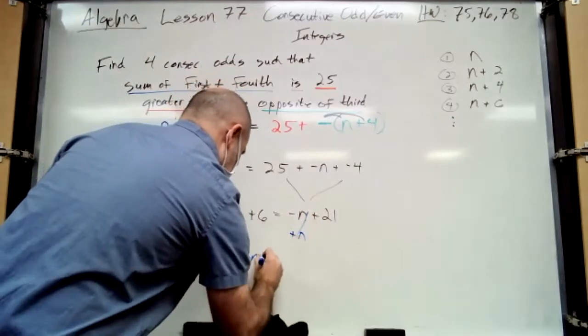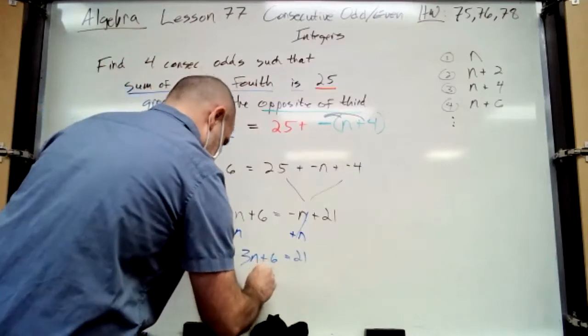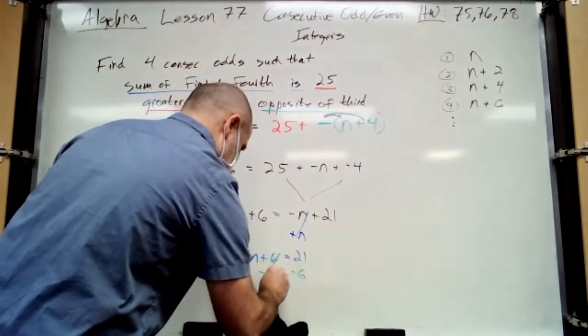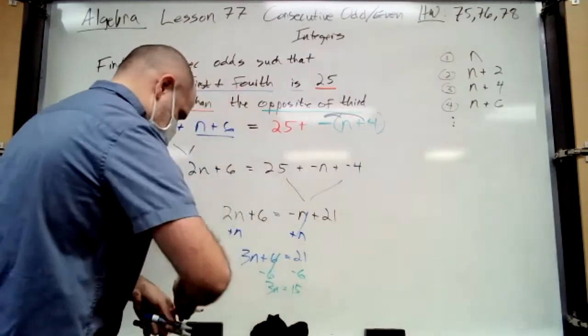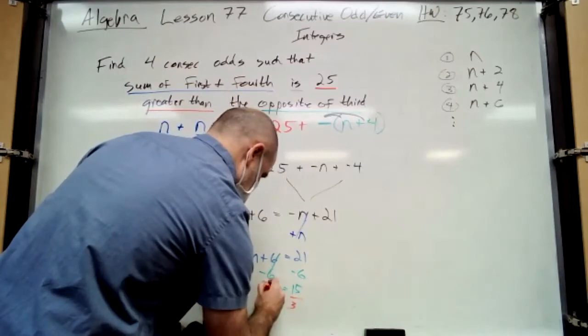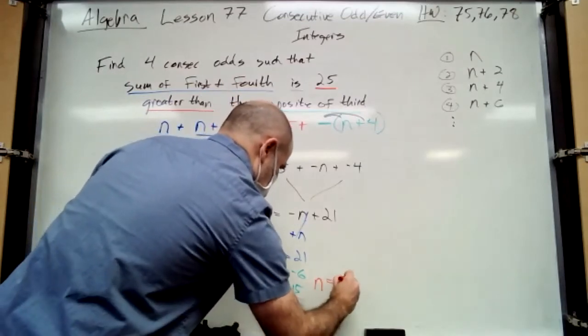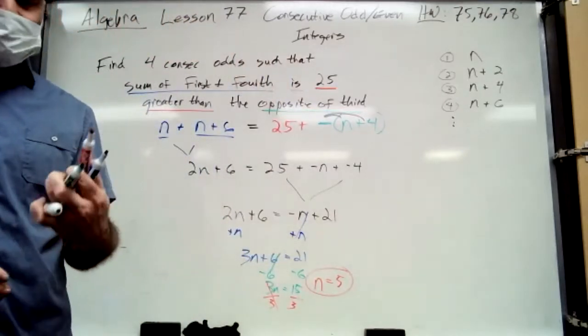So 3n plus 6 equals 21. Get rid of the 6. Subtract 6 from both sides. 3n equals 15. So divide by the variable's coefficient 3. So n equals 5. All right, is that my answer?